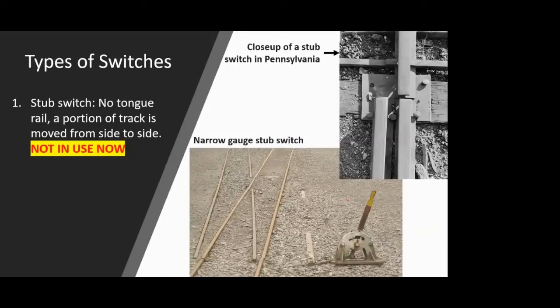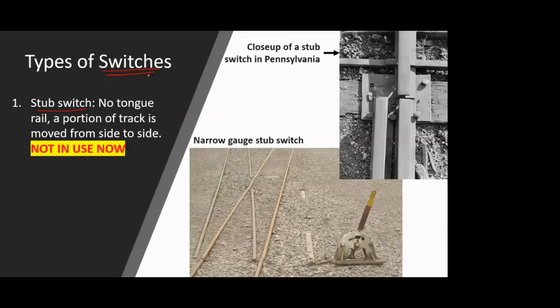The first switch that we'll be seeing, the stub switch, is the oldest switch known to the railway industry. By now you must have understood that a switch or a point is an assembly or arrangement which allows the wheel of a railway to change the track.